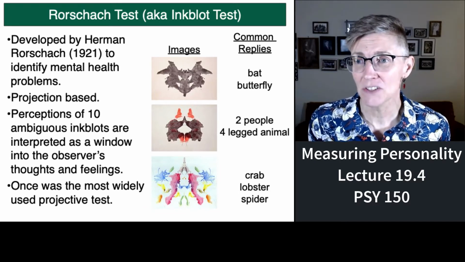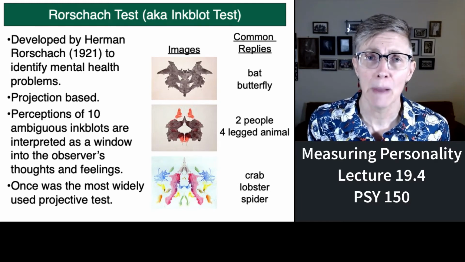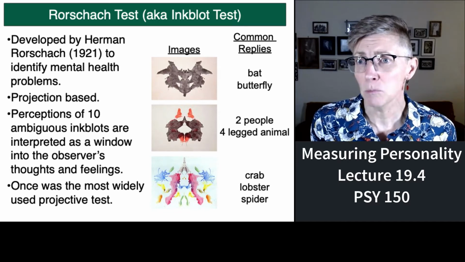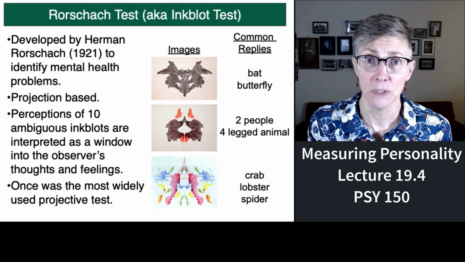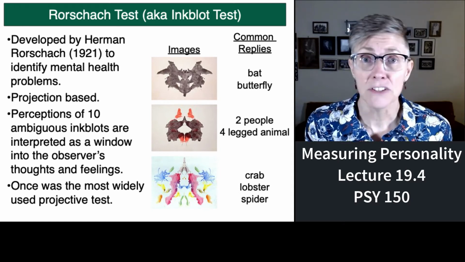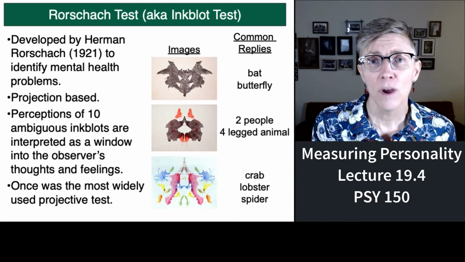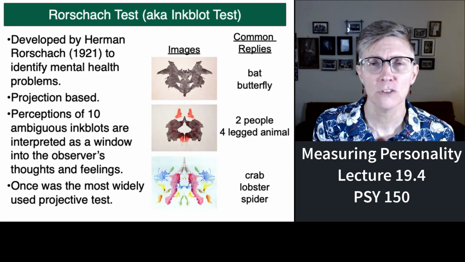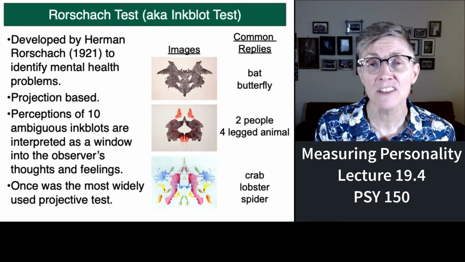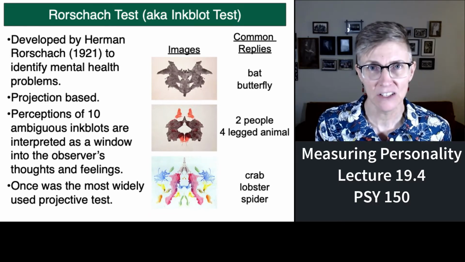The inkblots, as you'll notice, are always symmetric. The original test used about 10 different inkblots, and you can see that the inkblots are super ambiguous. And the idea was, still is, they're still used today, that whatever you're struggling with in your own life will influence the ways in which you interpret each of these inkblots.